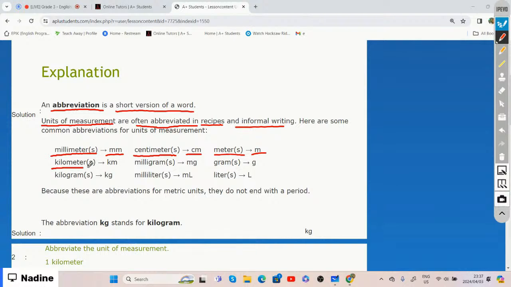Usually when you're driving, we can measure the distance from one town to another town in kilometers. It would not be kilometers from my house to the shop, right? And when we abbreviate kilometers, it's going to be km.